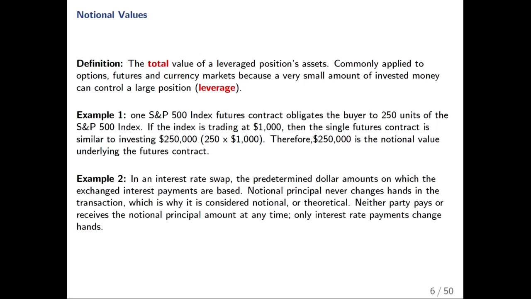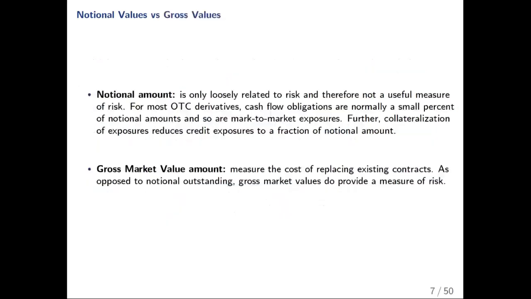So notional values are not the main determinant of the size of a market. The notional amount of a derivative market is only loosely connected to the size of the cash flow payments that will be made.